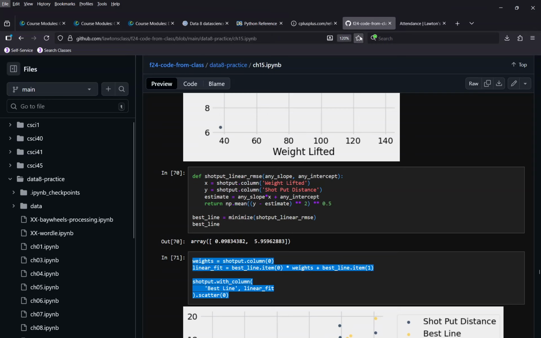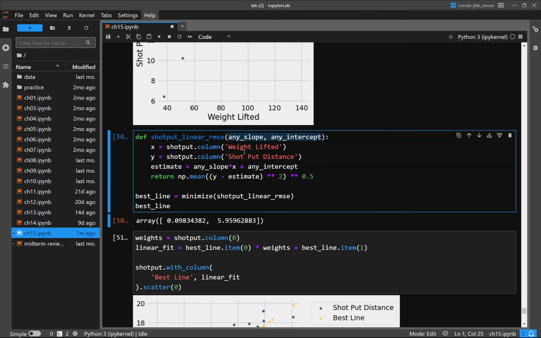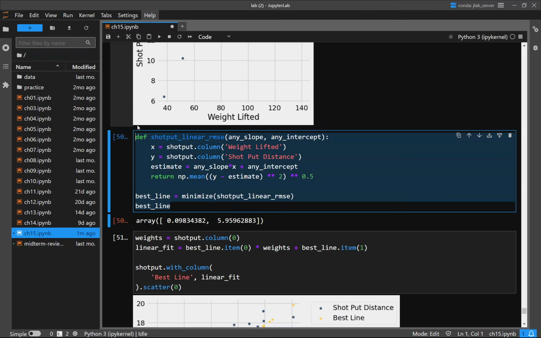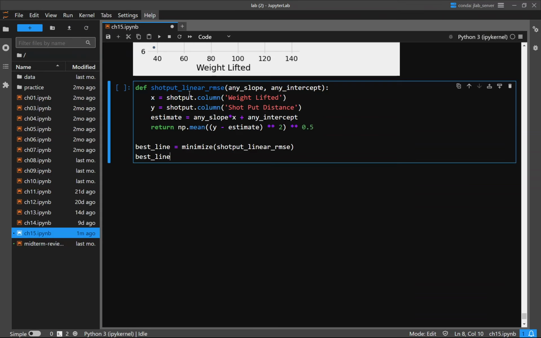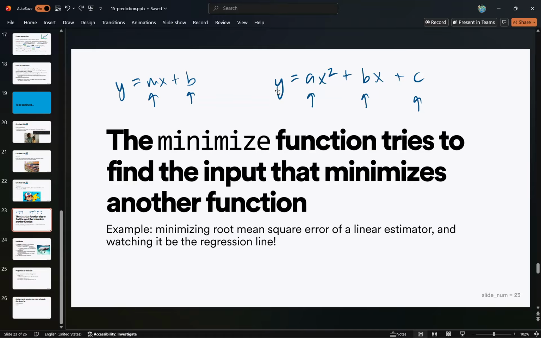I think it would be best for me to change this and type this one out. So instead of you give me some slope and some intercept, let's do not linear RMSE, linear root mean square error, but quadratic root mean square error. So still, you're using these x values to predict these y values, but you give me an a value, a b value, and a c value that mean these things.